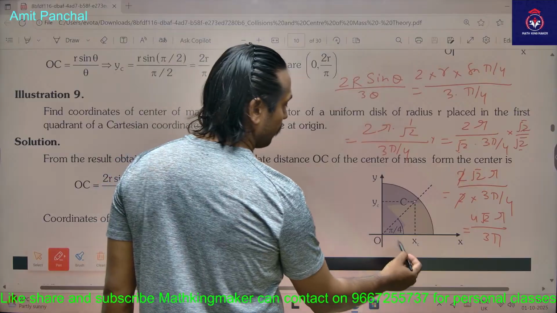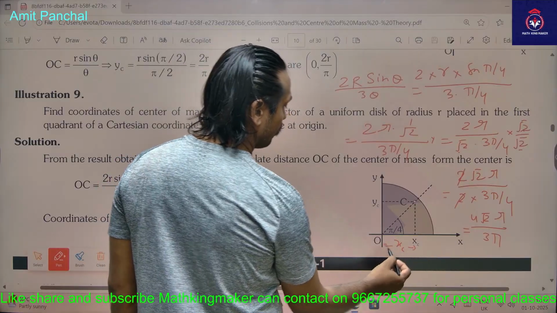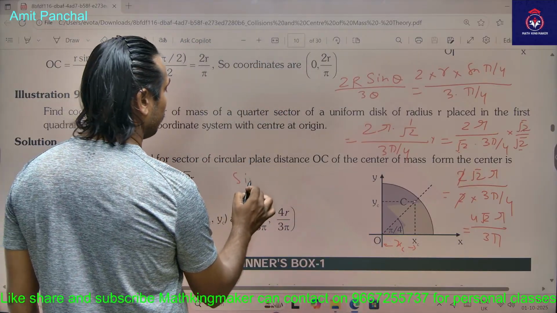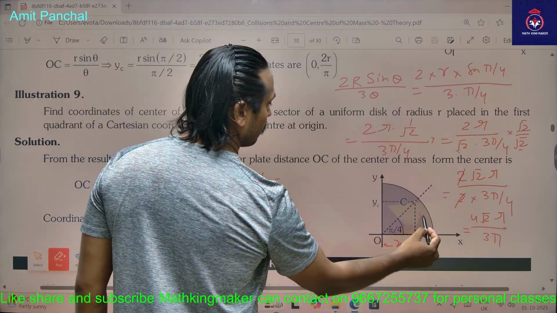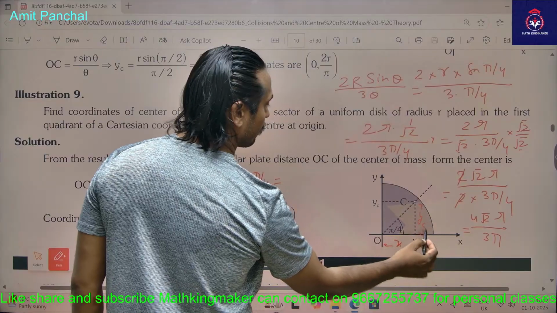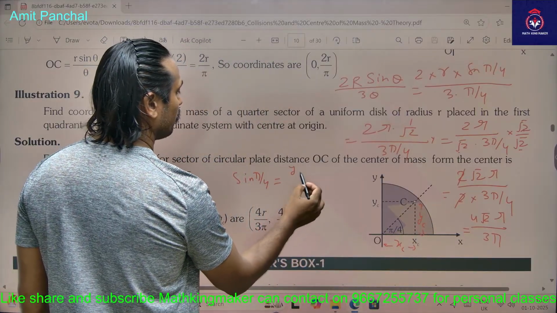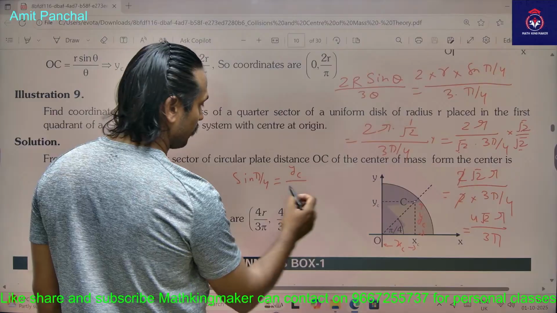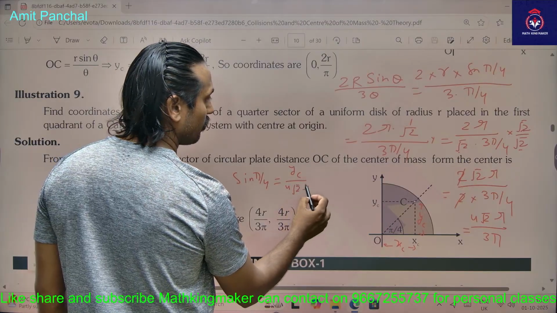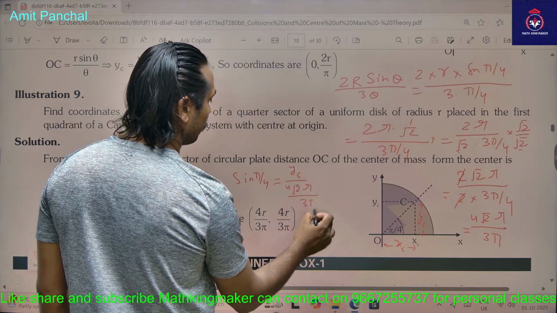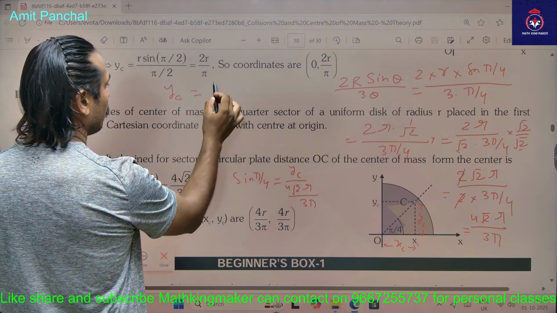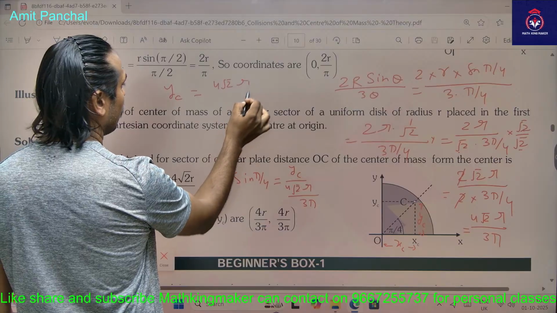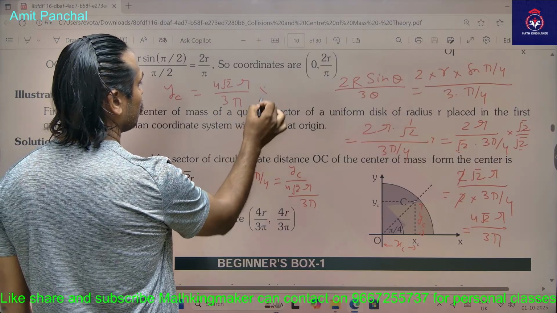So again you can apply trigonometry. Sine pi by 4 is equal to yc divided by 4 root 2 r by 3 pi. So yc will be equal to 4 root 2 r by 3 pi into sine pi by 4.